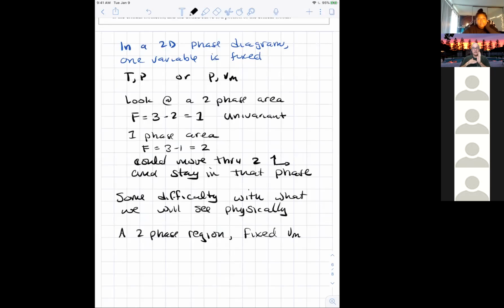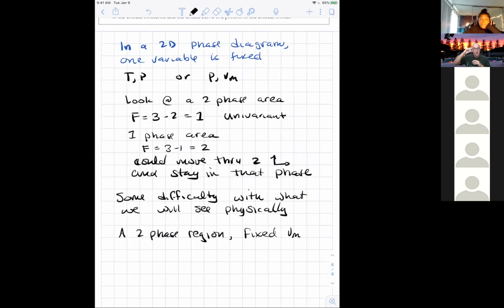On a PT phase diagram, the molar volume is fixed, but the molar volume is the total number of moles of water we put into that system divided by the total volume. We have 2 phases. The molar volume of the liquid phase is going to be very different than the molar volume of the gaseous phase. But we don't know what those are necessarily.